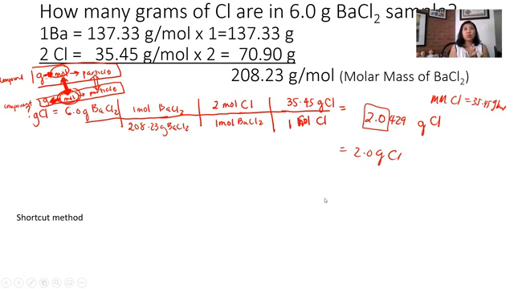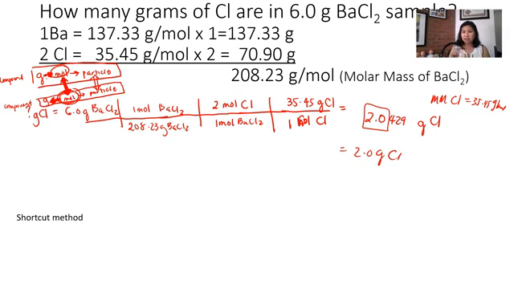When we're dealing with a compound and its components, if you take a spoonful of barium chloride, the ratio between barium and chlorine is always 1:2. Okay? For every 1 barium atom, there's always going to be 2 chlorine atoms.